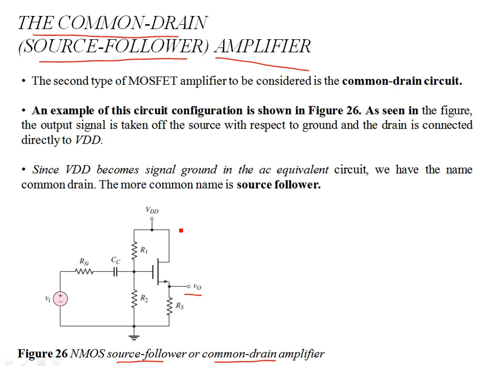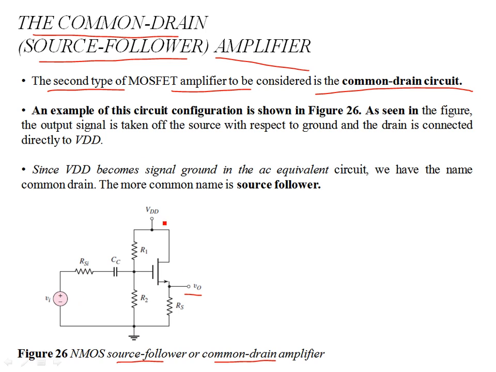So it's also called the source follower for the same reason, because the output you'll see at the source is going to follow the input, with a very small positive gain.